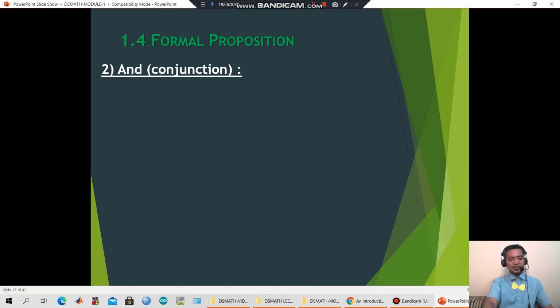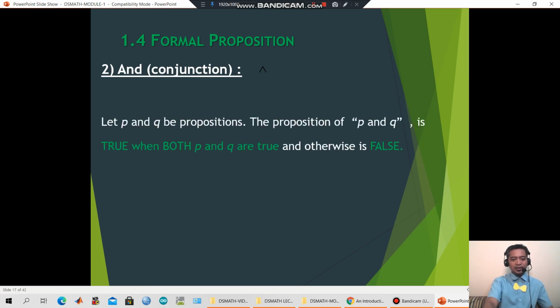Okay, let's move to conjunction, or when we are using the AND logical connector, and that's the symbol vertical V. So let P and Q be propositions. The proposition of P and Q, take note of that, and that will be our logical connector, is true when both P and Q are true, otherwise false.